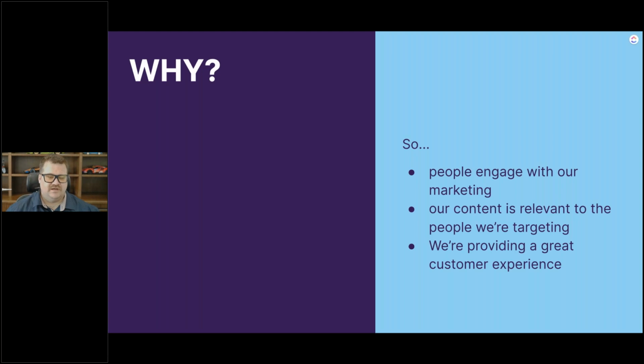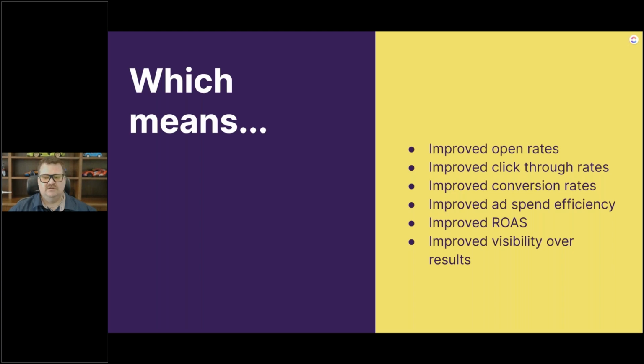So, okay, that's great, but what does that actually mean? If we measure it, what we're looking at here is improved open rates for our emails, improved click-through rates for emails and ads, improved conversion rates, improved ad spend efficiency and return on ad spend, and improved visibility over our results.